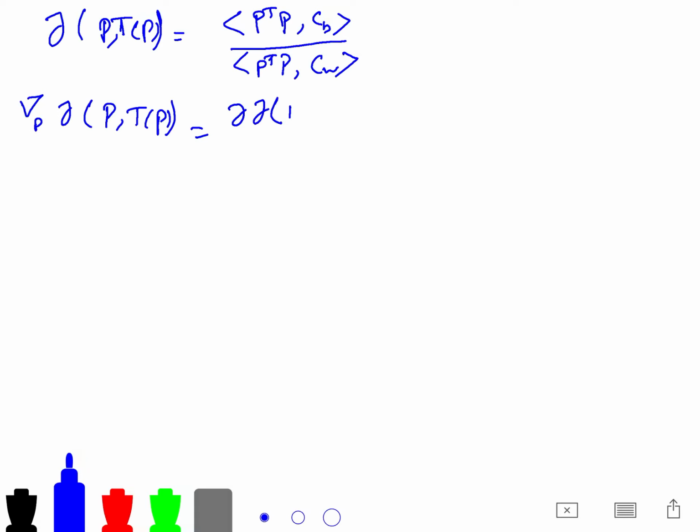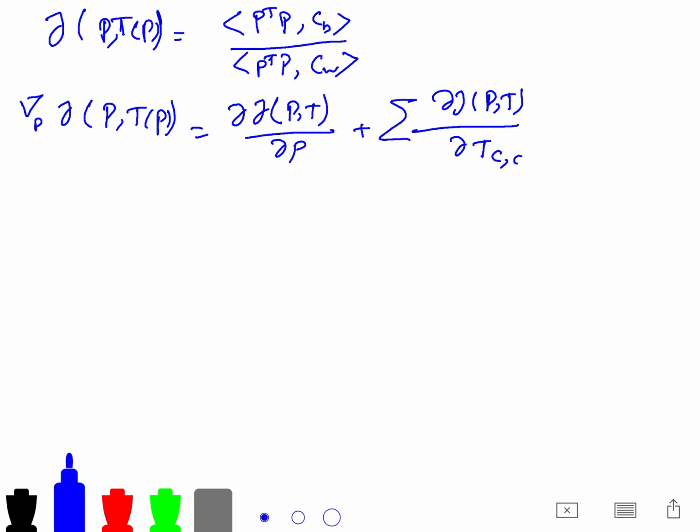differentiate this Jacobian, this J, P of T, plus sum of J of P of T. You know, simple chain rule, no big deal, mathematics.